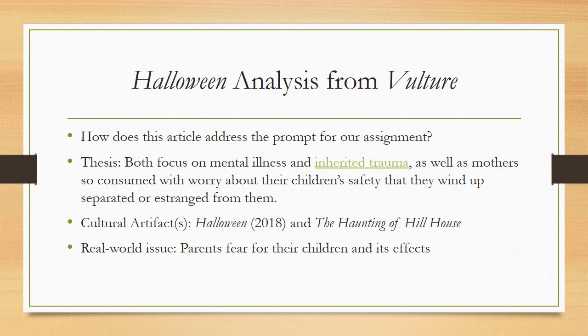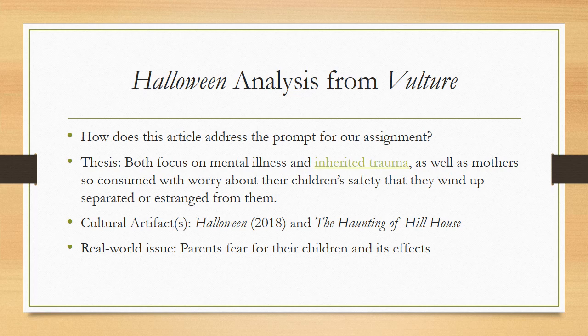And you see how, even though these are pop culture texts, they convey the author's argument. Obviously, we should be worried about our children's safety, and we should take steps to ensure their safety, but we can worry about it to a point that we actually end up alienating our children. We could be so controlling potentially that we drive them away and we're separated or estranged.